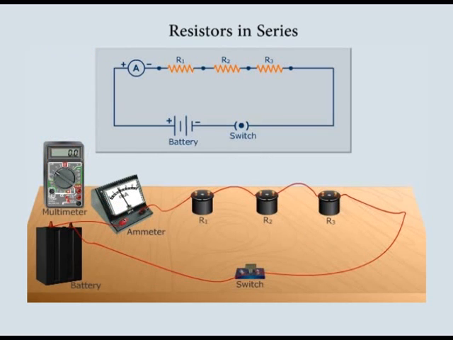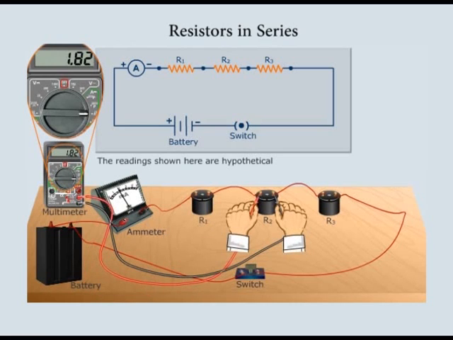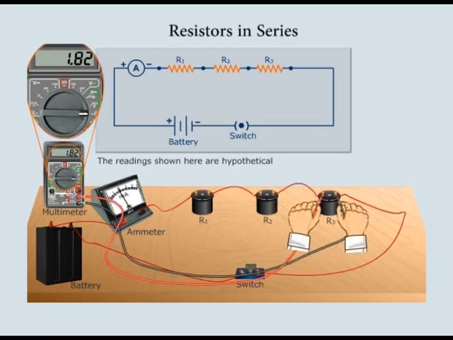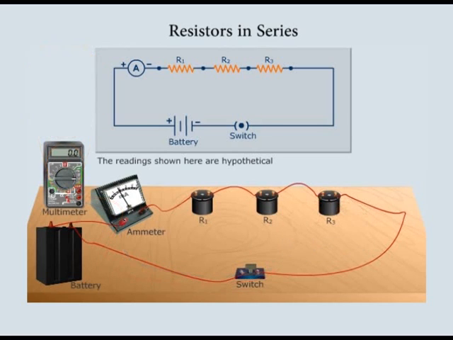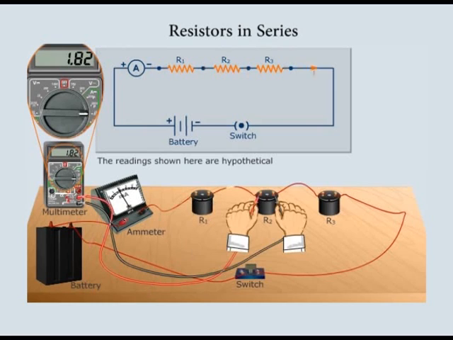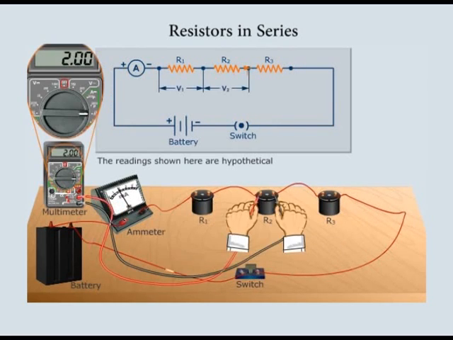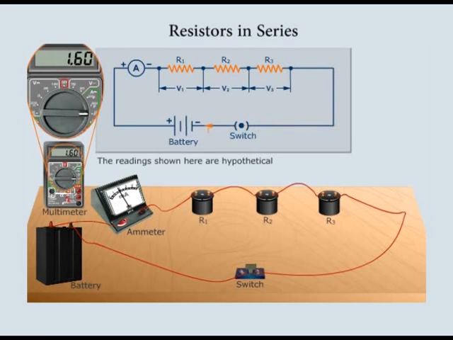Now observe the multimeter reading when used as an ammeter. You observe that the current flowing through R1, R2 and R3 is the same, and that the potential differences V1, V2 and V3 across R1, R2 and R3 are different.